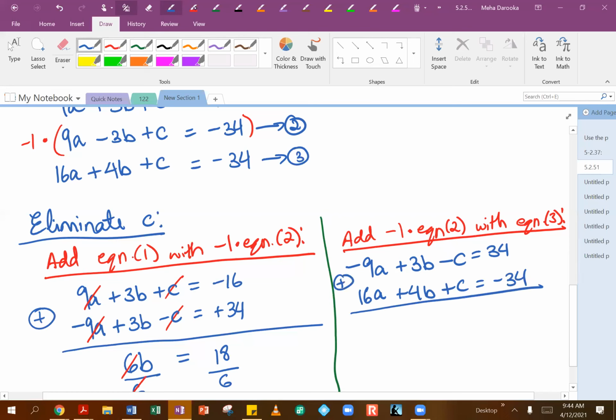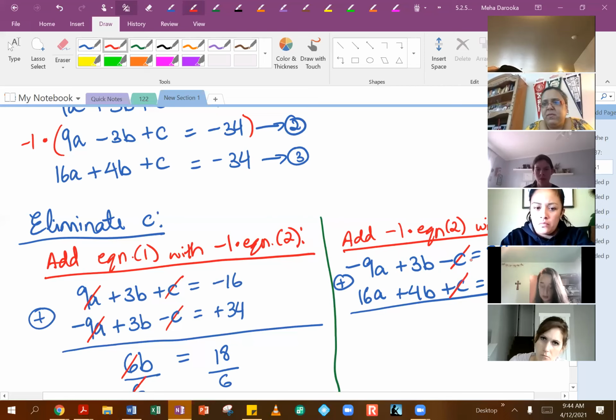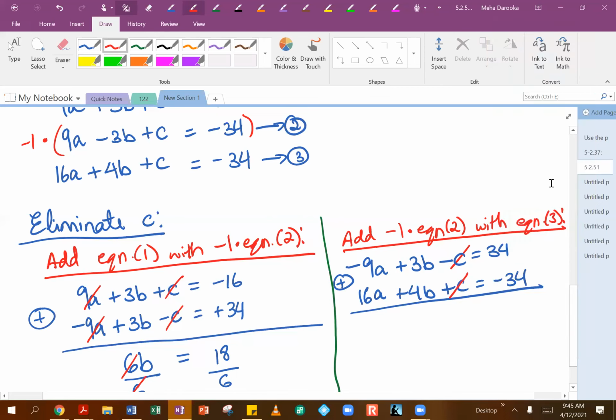So when we add these equations together, of course, your C variable will cancel out. Does anything else cancel out here, guys? Yeah, what else can we cancel? Yeah, you can cancel out your positive 34 and -34 on the other side also.